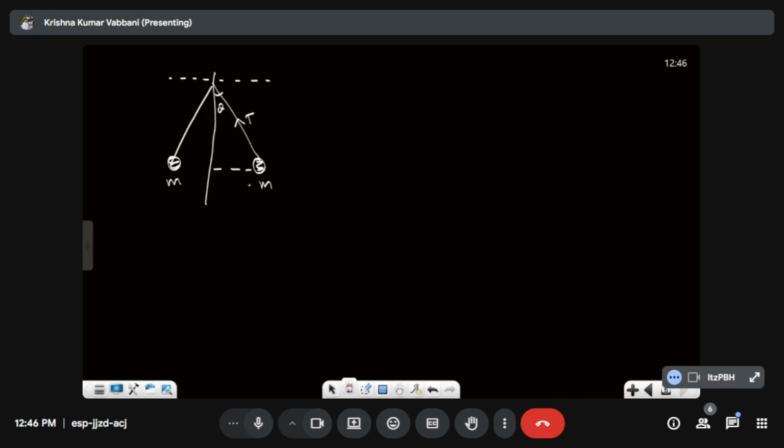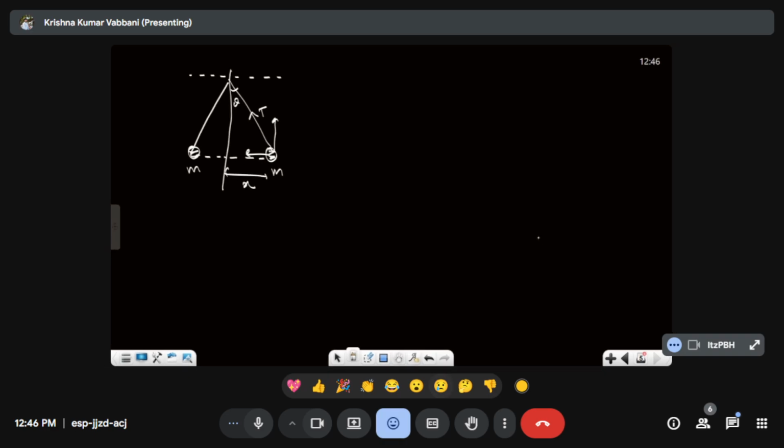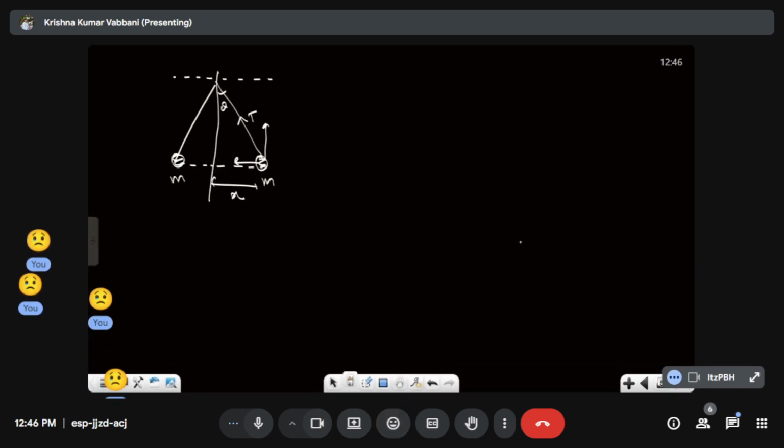I am not taking both masses here. If I take only one mass and this distance, I can solve this question. Similarly, here also I am using the same method. Got it?